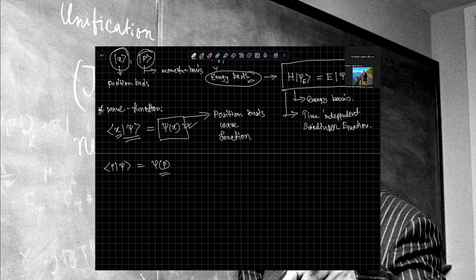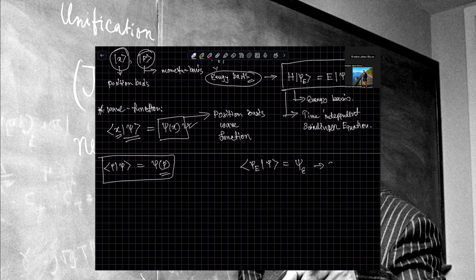Give me a few more minutes and then I'll be taking questions. So essentially, all of this helped. And now since we also introduced this energy basis, we can also go for the energy basis representation too. I'm running out of notation, so let's call this psi of epsilon.